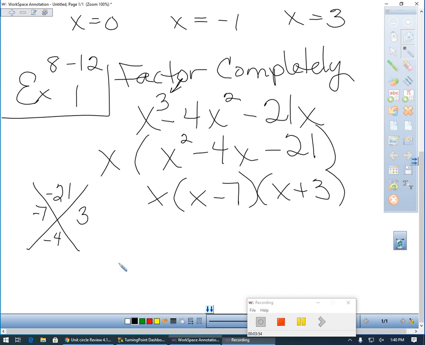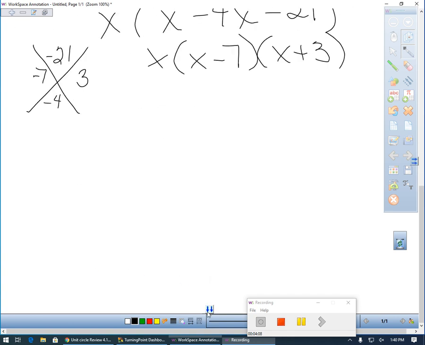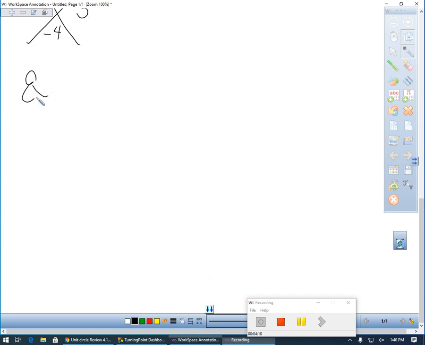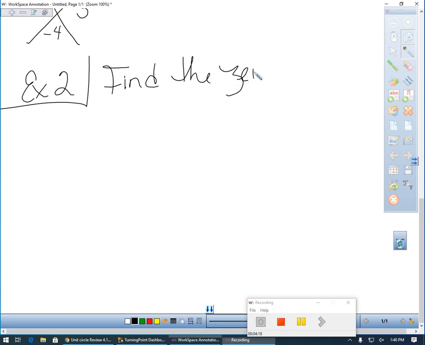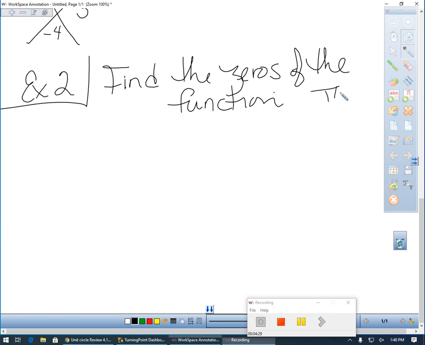So then, moving on to the next section, example number 2. This is going to say find the zeros of the function. And they're so kind, and then graph.